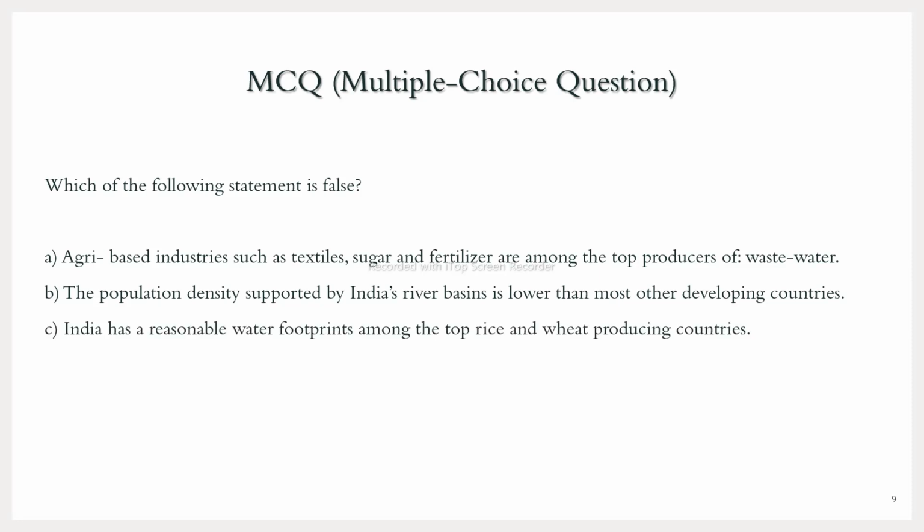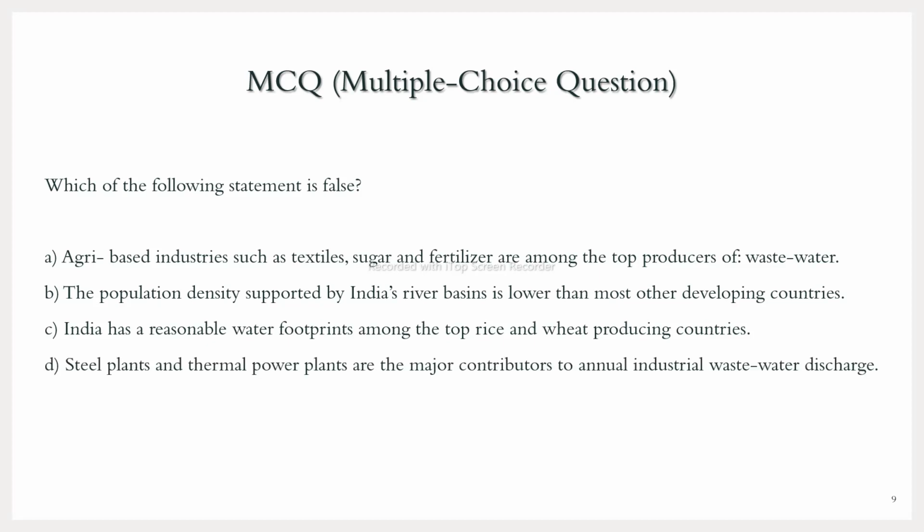Okay. Option C, India has a reasonable water footprint among the top rice and wheat producing countries. And option D, steel plants and thermal power plants are the major contributors to annual industrial wastewater discharge. So it is an MCQ. One of the statements is false. You have to identify which one.